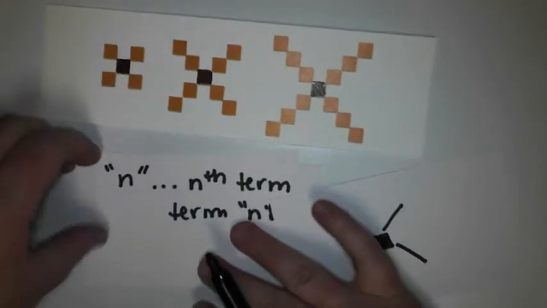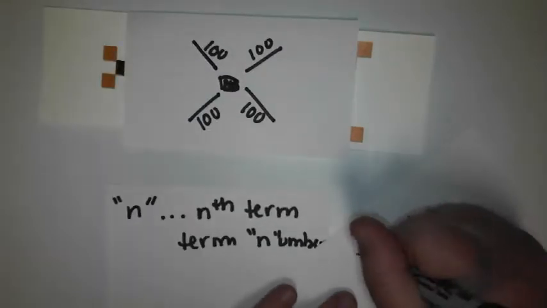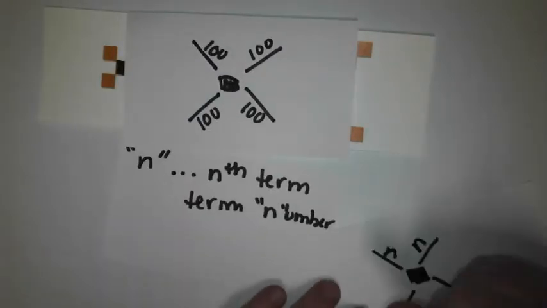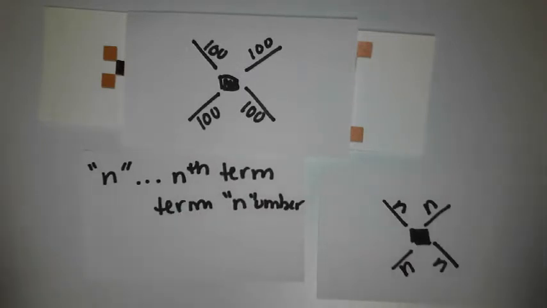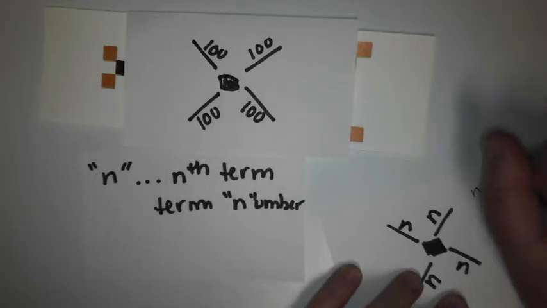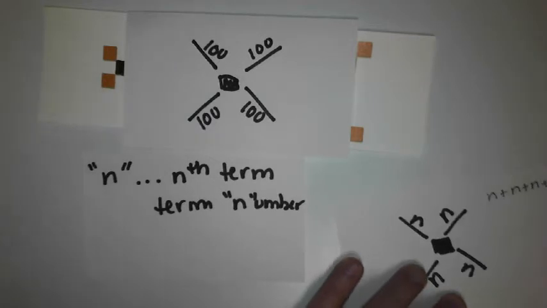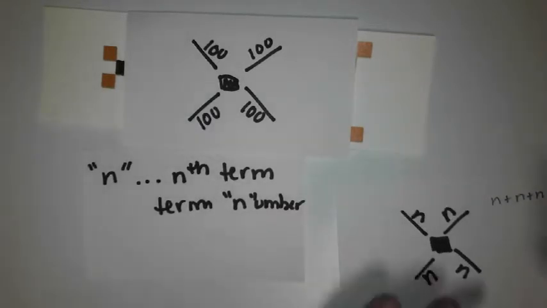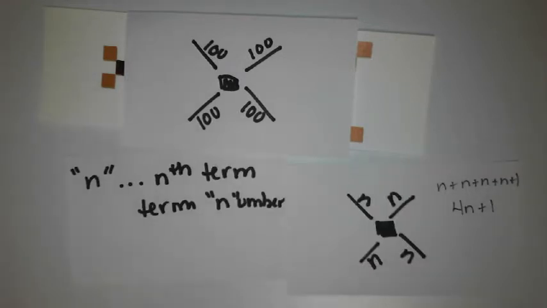And tying it into my picture, in a very similar way, on each arm, I would have n, or the same number as my term number, on each arm. So I can say this in more than one way with symbols. I could say n plus n plus n plus n plus 1 will be my total number of blocks, or I could also say 4n plus 1 is my total number of blocks.